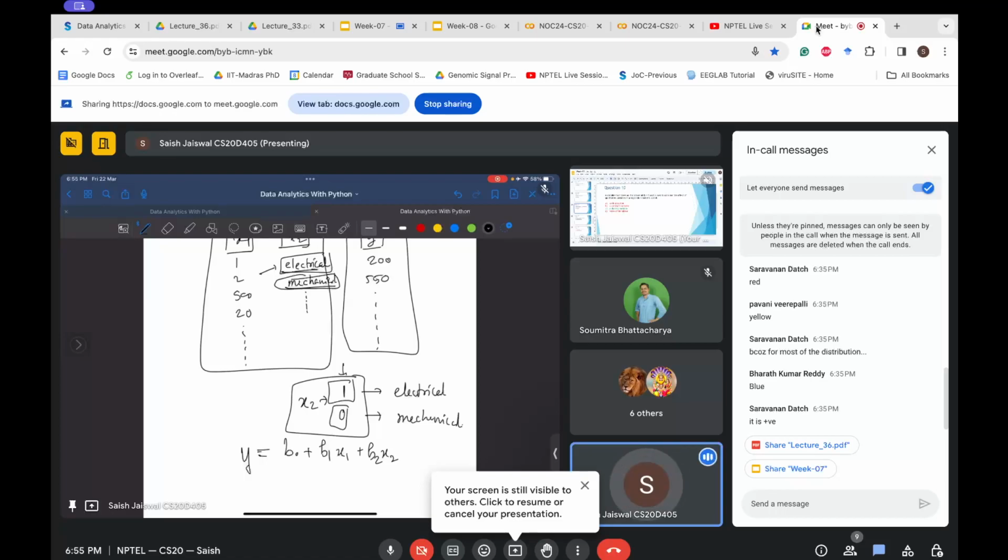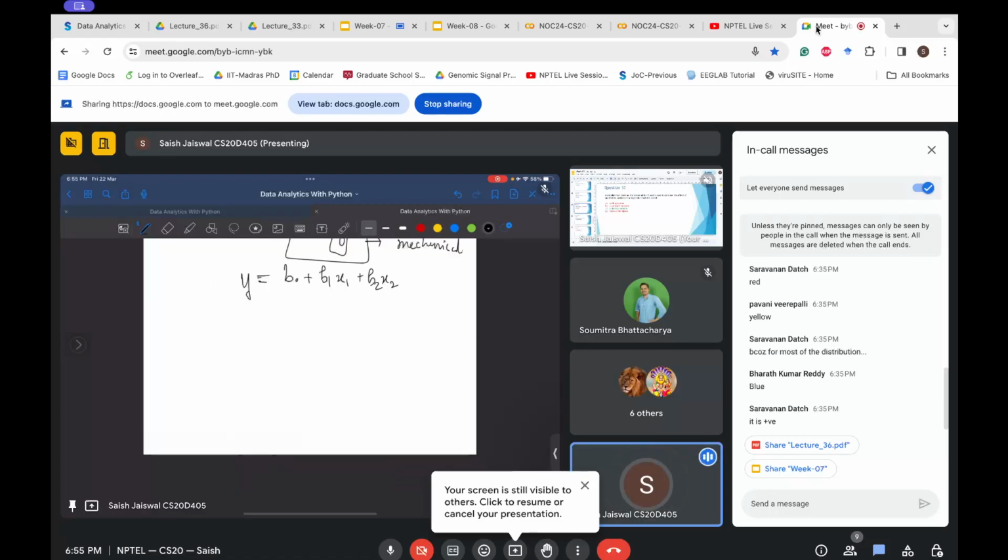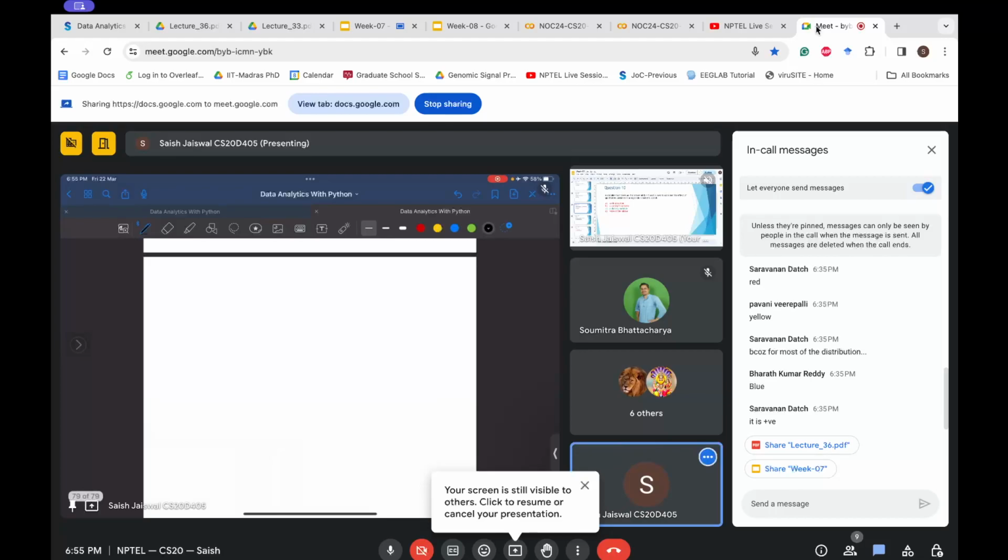So if there were more than two values, let's say A, B, and C, or let's say blue, black, and red, these are some hypothetical values, what will be the dummy variables in this case? Say x1 is having certain values, x2 is having either blue, black, or red, and there is a dependent variable.